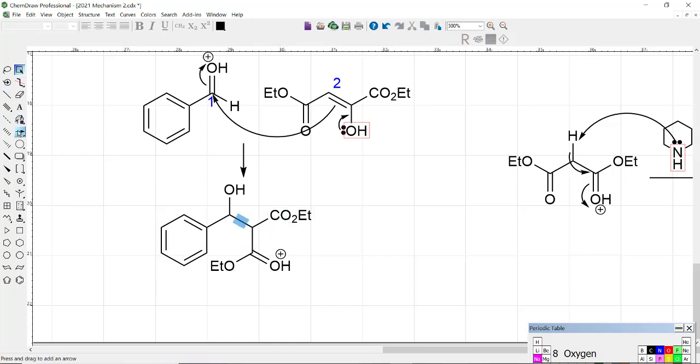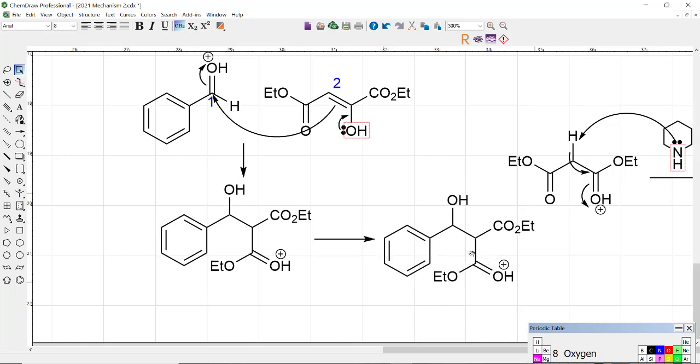So we can begin by doing an intramolecular proton transfer, which I'm not going to really draw out the mechanism. Just for simplicity, I'm just going to shift this over here.